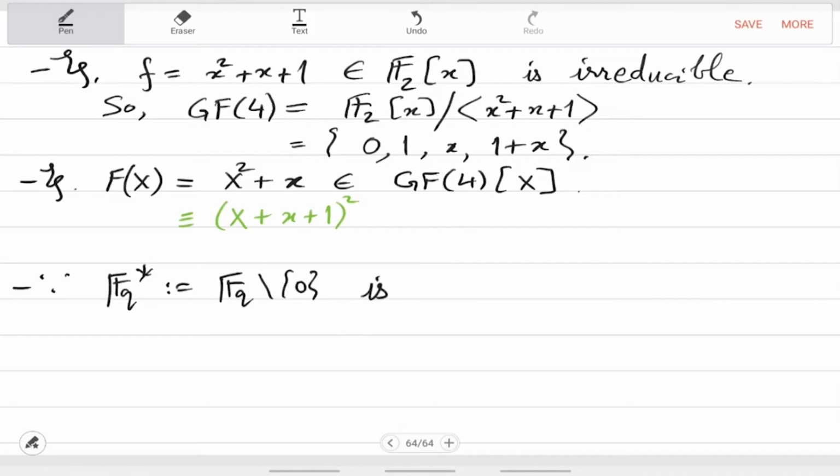Yeah, it is because it's a field, this has to be a multiplicative group, but there is more structure to this. It's a cyclic group. So this you know is a cyclic group of size q minus 1.